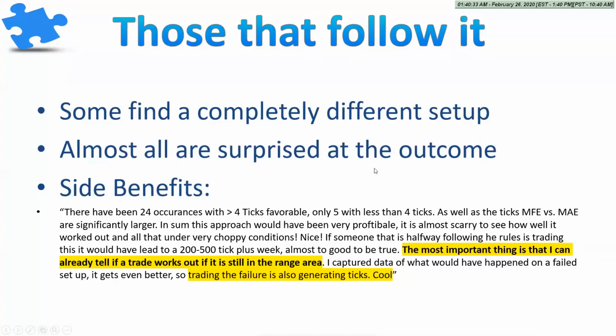Here's a good example of a trader who found, over a two-week period, that by the end of the two weeks he could anticipate whether the setup would fail before taking it. He ended up with two setups from one. He was watching one event in the market, but he could tell which way it was going to work out.